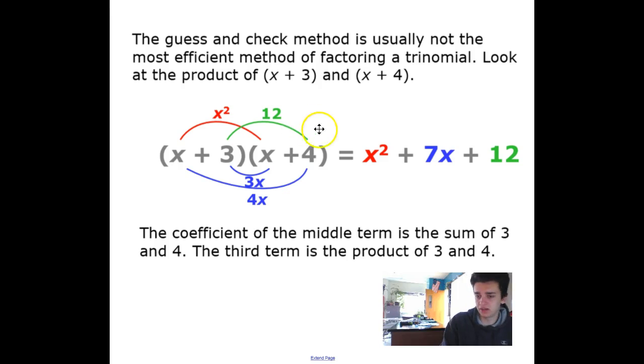It's not very effective, and when you get terms like 12, which has a lot of different multiples, you're going to be sitting there for quite a long time writing out all of the possibilities. It takes a long time. As an example, we have this constant term on the end, and we're looking for terms that multiply together to equal 12: 1 and 12, 2 and 6, 3 and 4. 3 and 4 are the correct ones.